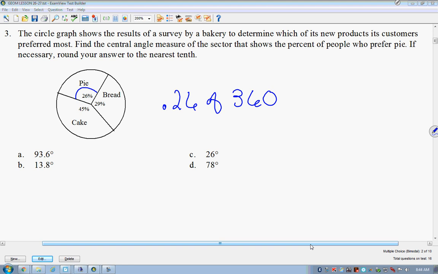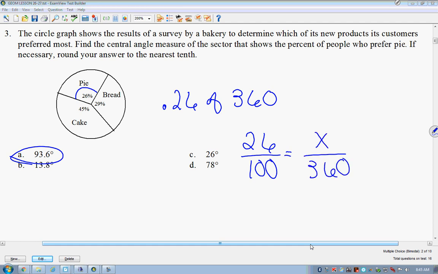Because we're trying to convert to degrees, which is why we use 360. 93.6. You probably could have looked at it also as 26 over 100 equals x over 360. You could have solved it like that as well. It would get you the same thing.